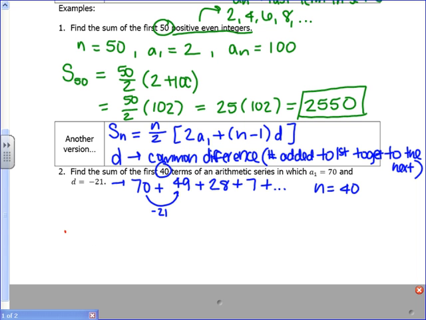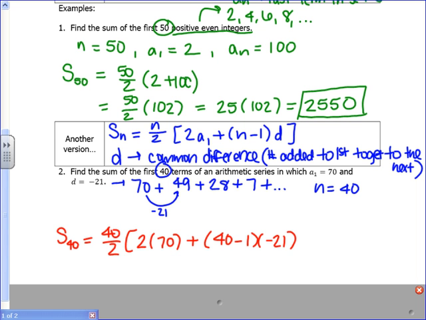So let's use this formula up here. S of 40, because that's our n, equals 40 over 2. And then in brackets, we have 2 times my a sub 1, my a sub 1 is 70, plus n minus 1, so 40 minus 1, times my d. Now my d in this case is negative 21.